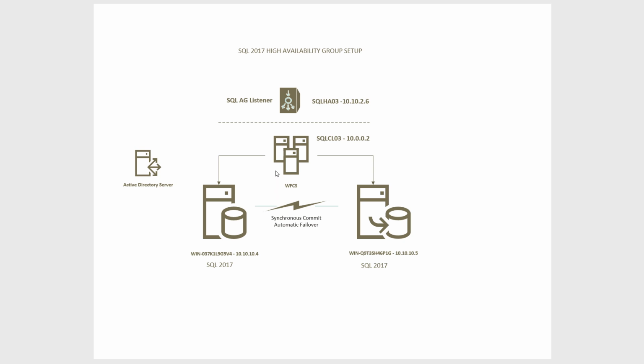Coming here, we'll be using Windows Failover Clustering Service, this is the DNS entry name as well as the IP address, and we will also be using a high availability group listener, which acts as a driver for clients to connect to the primary or the read-only database based on the options they use during the connection process.